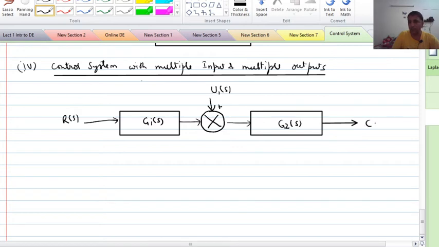And we want to find out this output. So in this case, we have to use the superposition theorem.